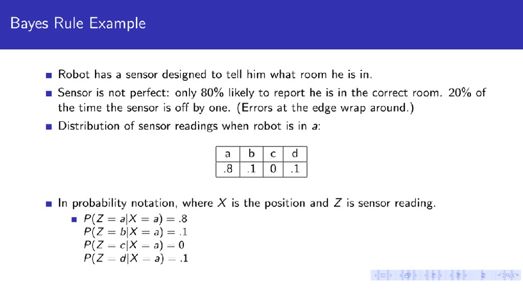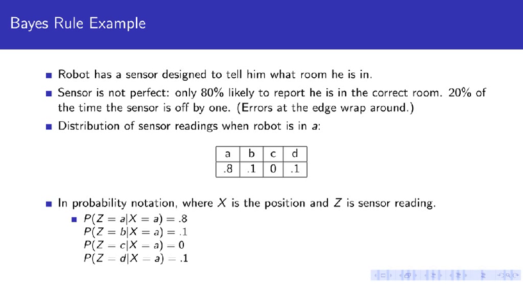So if we're in a particular room, there's an 80% chance that it will tell us we're in that room. There's a 20% chance it'll tell us we're in some other room, and it will always be off by at most 1. So it'll tell us that we're in the room on the left with a 10% chance, or a room to the right of where we really are with a 10% chance. And there's no chance it'll tell us we're in any of the other rooms. And that probability will wrap. We'll assume that this robot is in kind of a circular environment.